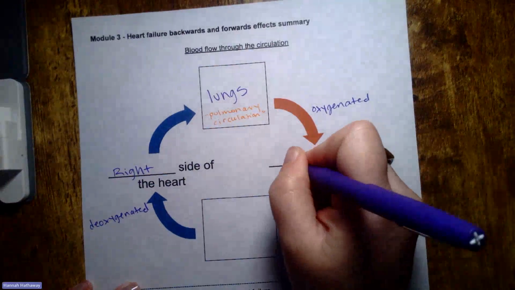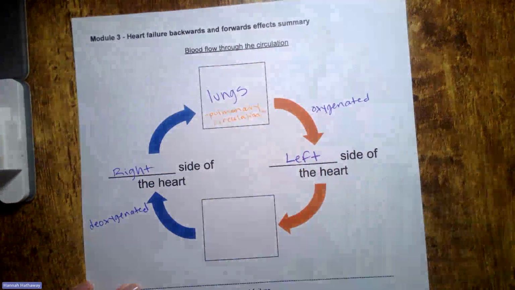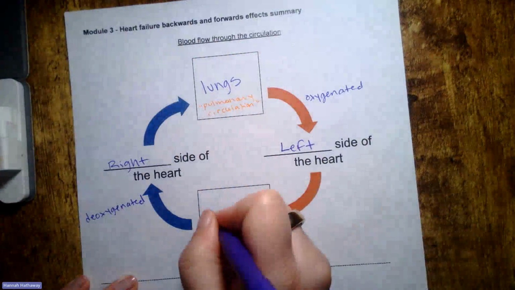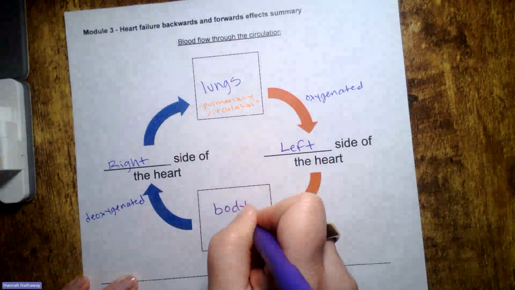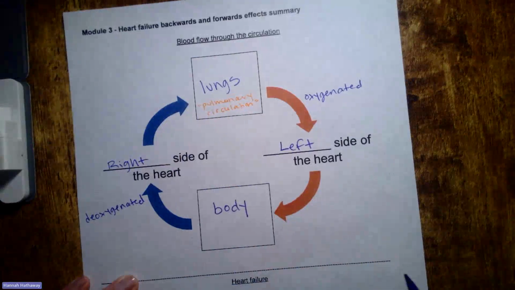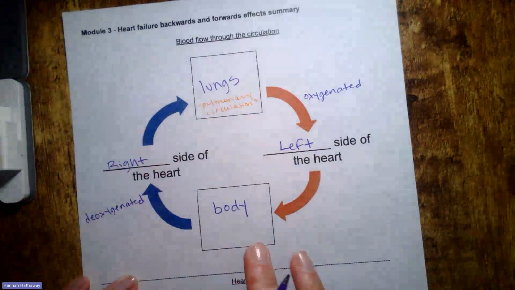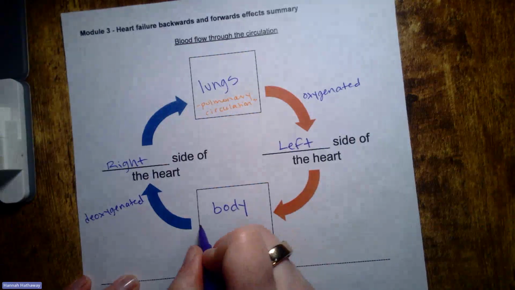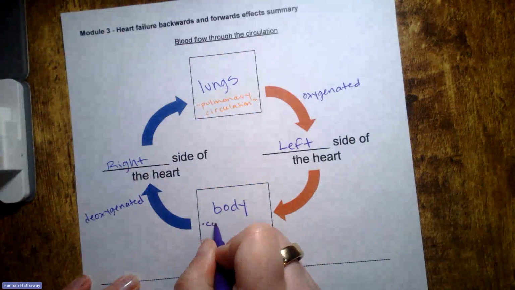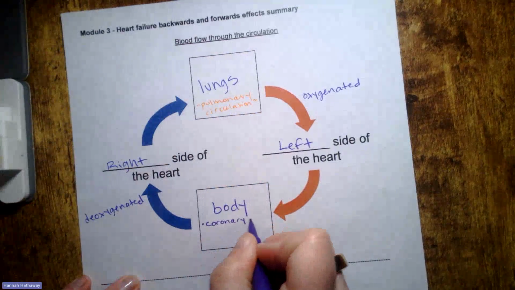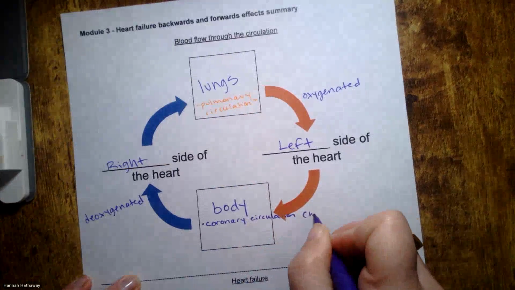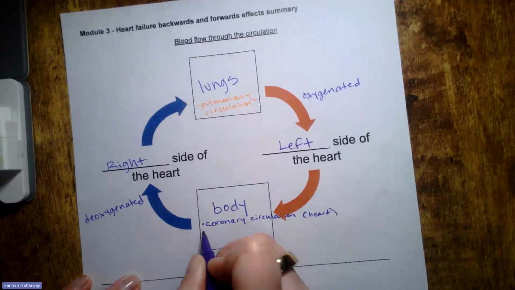Where does the blood go next? It then goes to the left side of the heart, and then the left side of the heart pumps that oxygenated blood into the body. So here, the body means everything that is essentially not the lungs. This would include the coronary circulation, so that would be the heart, because the heart needs its own supply of blood.